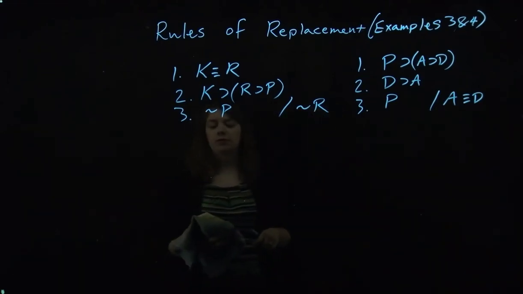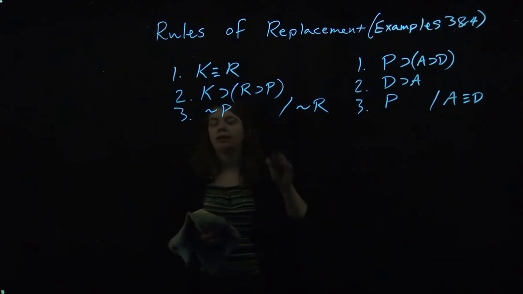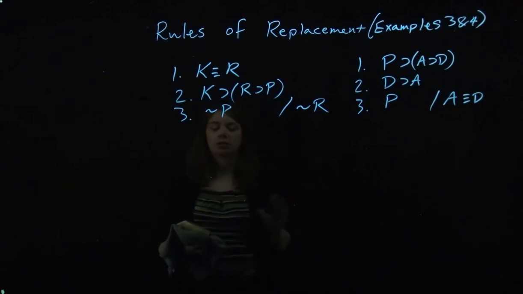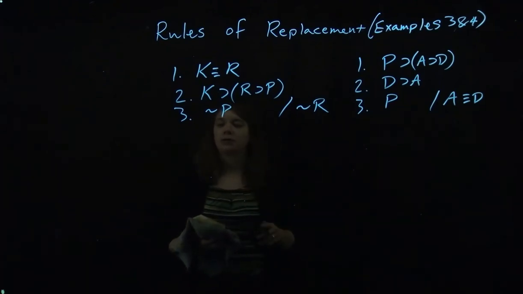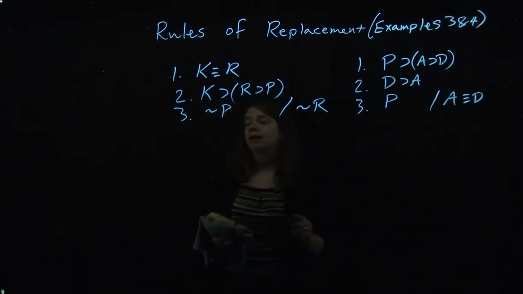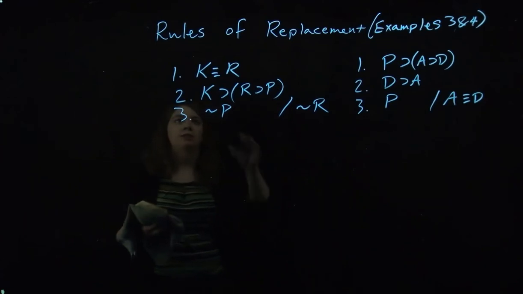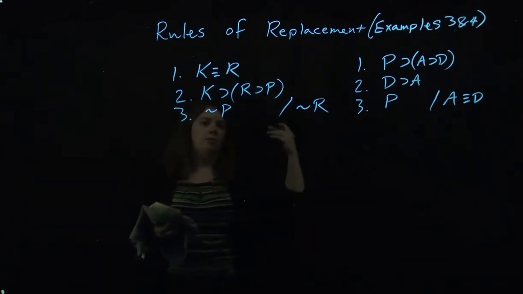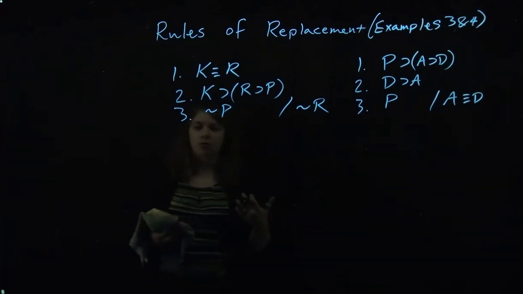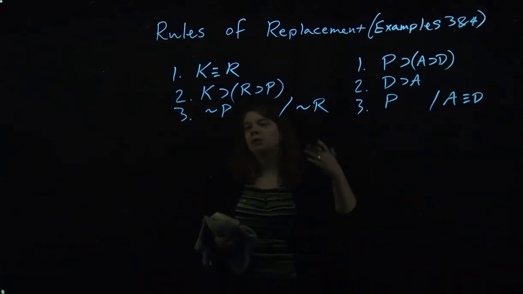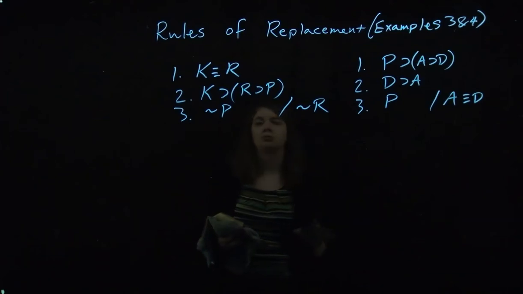In general, if you see this in a proof, it's a good indication that somewhere along the road you're going to need to do material equivalence on that line. Not always, but especially if it's embedded in a conditional statement where maybe you would use a rule of implication like modus ponens or modus tollens, you might not have to use equivalence. But a lot of times you do.